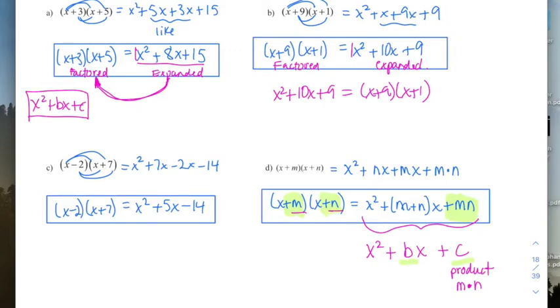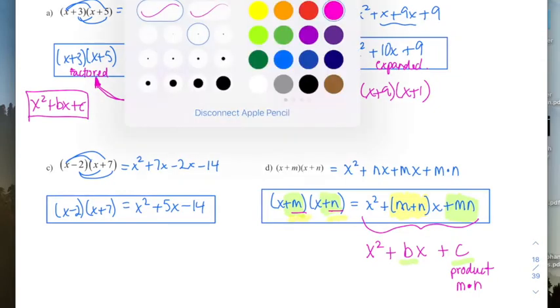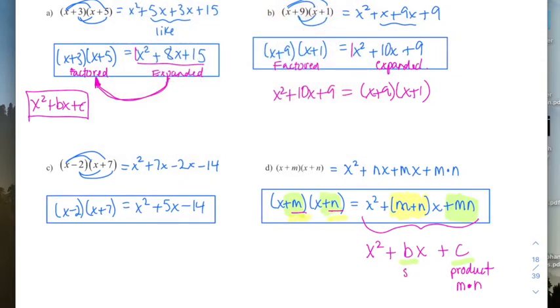And looking at the middle term, to get my b term I'm adding m and n together. So b is the sum of m plus n.